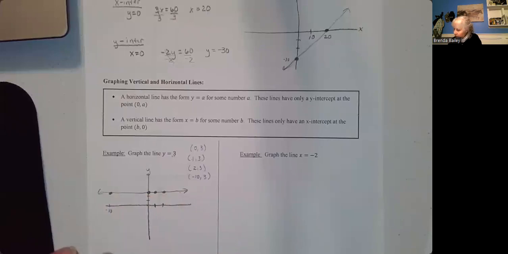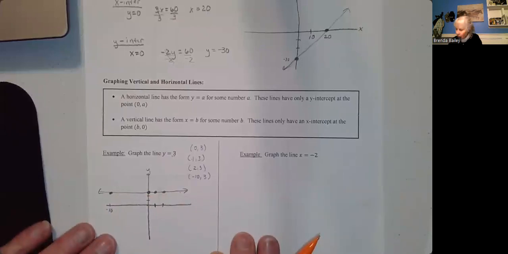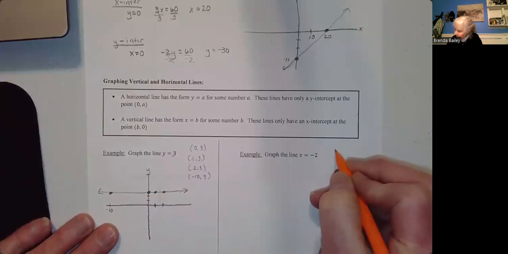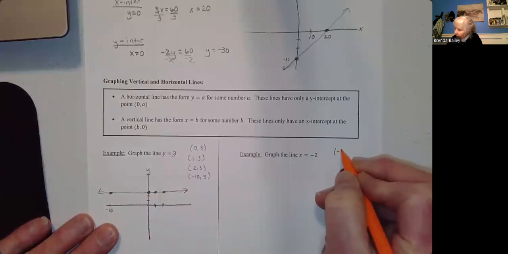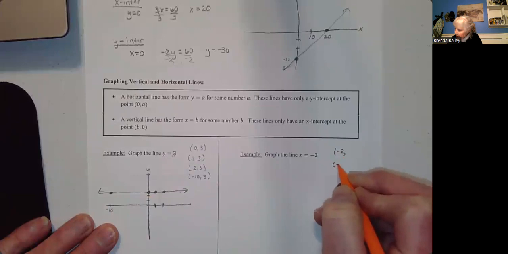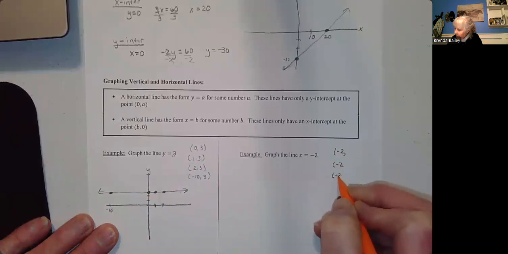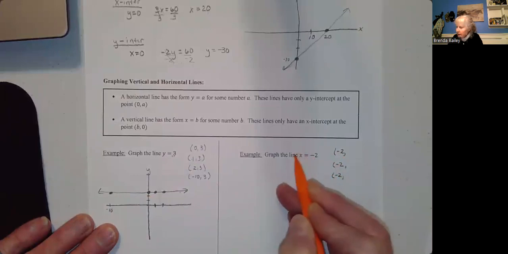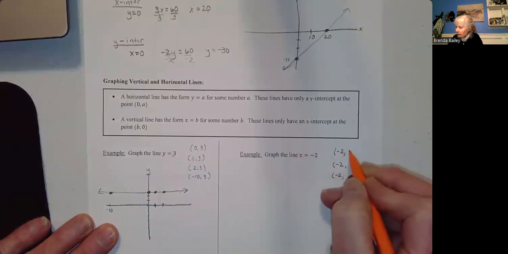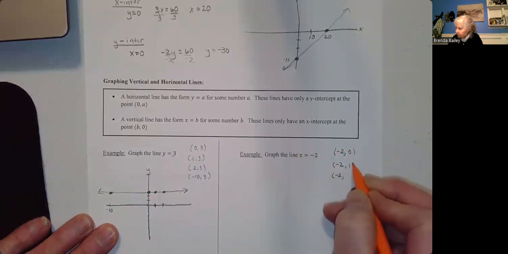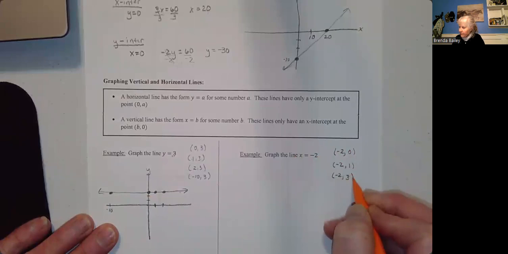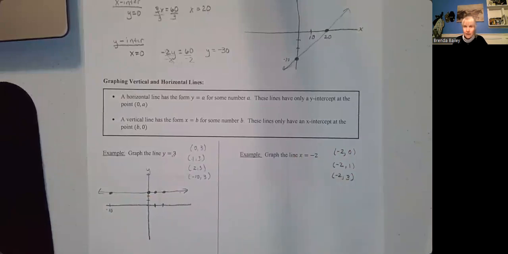All right, now let's look at this one right here. x equals negative 2. What does this mean? In the ordered pairs, as long as x is negative 2, because y is not in the equation, y can be anything you want. You can make any number you want because it's not in the equation, as long as x is negative 2.